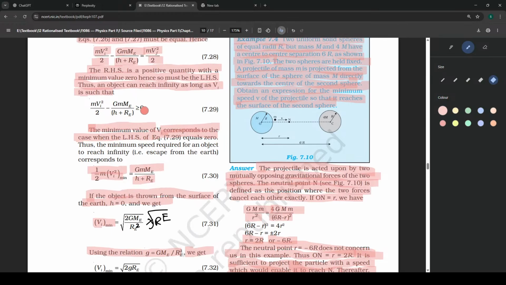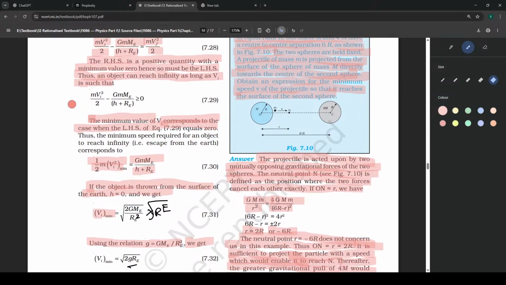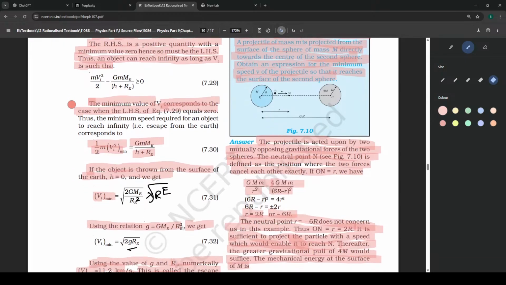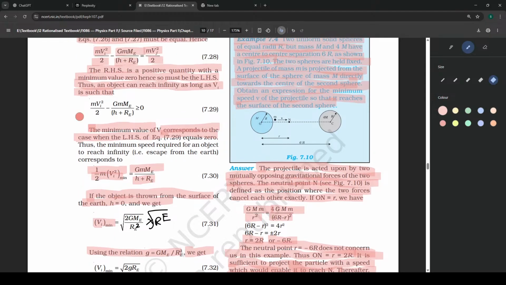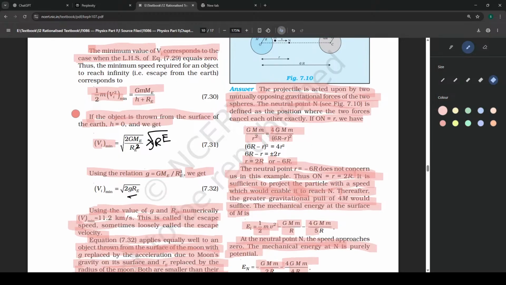As long as it is greater than zero, it will escape to infinity. What this statement 7.30 tells us is that the total energy required to escape is for the potential to become zero.